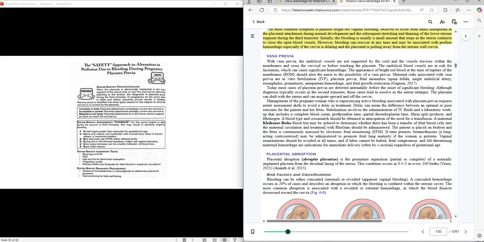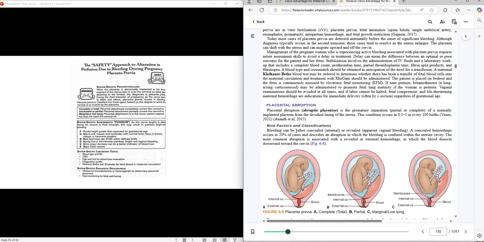They see whether or not the RhoGAM should be administered. So if they have a placenta previa that abrupts or ruptures, then they would need to receive that RhoGAM during that stay, because those types of blood have mixed, and that's called Kleihauer-Betke. Okay.